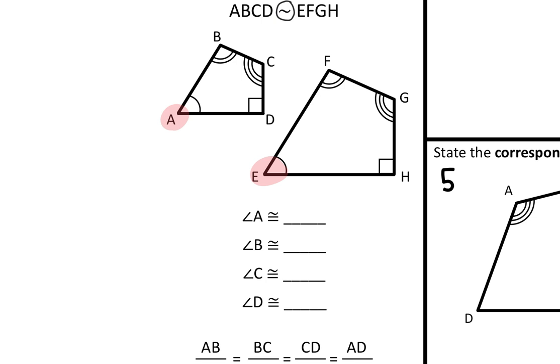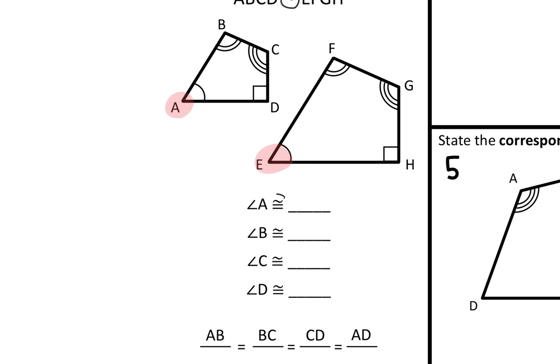They're in the same position. They are corresponding angles, and they are going to be congruent because they have equal measures. And the labeling of the arc tells me that they're equal. They have the same amount of arcs. It means they are congruent, right? Equal in measure, okay? So angle A is congruent, so that symbol means congruent. So angle A is congruent with angle E.